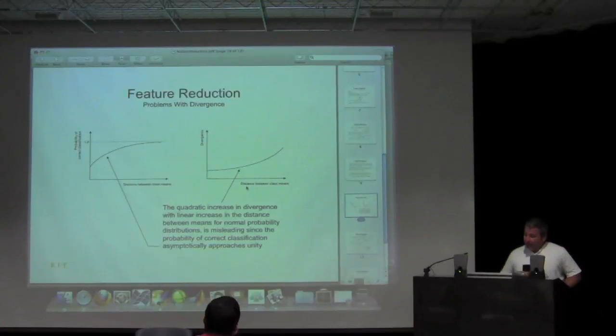If the distance between the class means is computed using a probability distribution like the Gaussian multivariate normal distribution, then I could continually increase this divergence value as I increase that distance in a quadratic form.